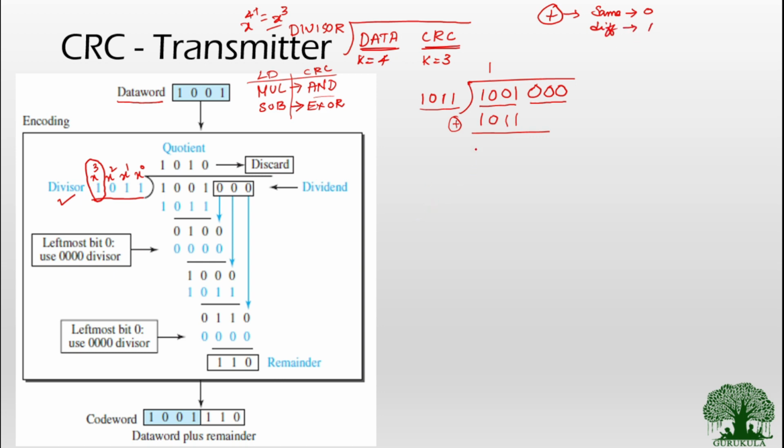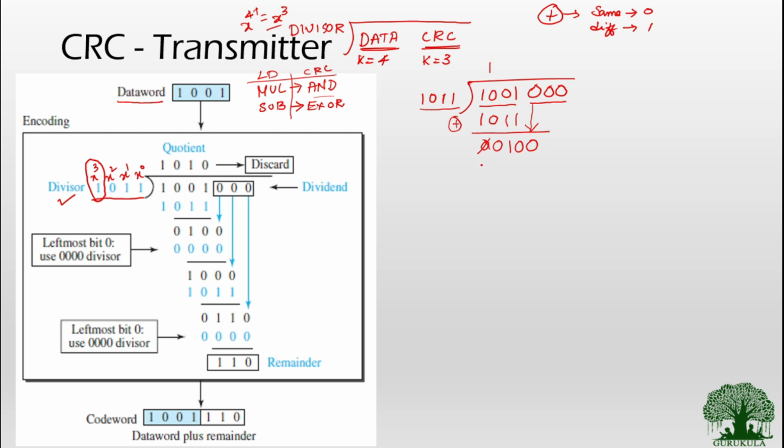So with this, I have the same bit, so I write 0. Again the same bit, I write 0. Again different bits, I write 1. Again different bits, and then the same bit, so I write 0 here. Now you can exclude this first value, and as per the long division method, bring down this 0. If I bring down this 0, that makes 0 1 0 0.